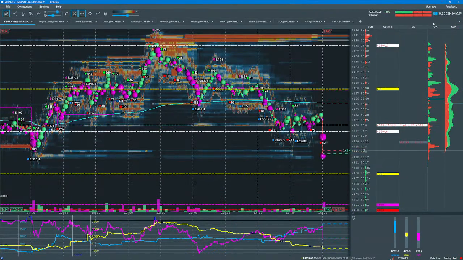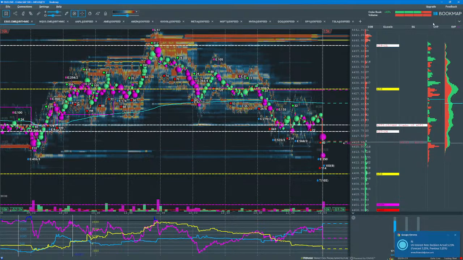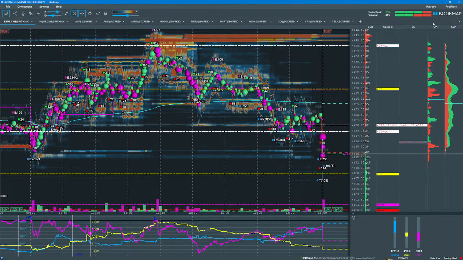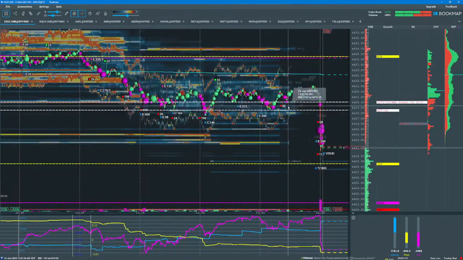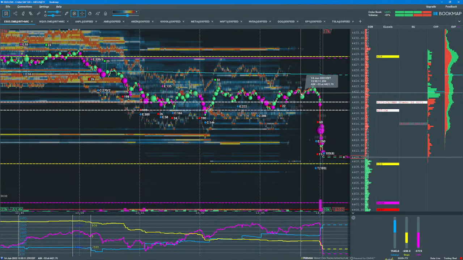All right, so there's the announcement. So it looks like it remains unchanged, as expected. All right, let's zoom in on this a bit. So the first move is lower.